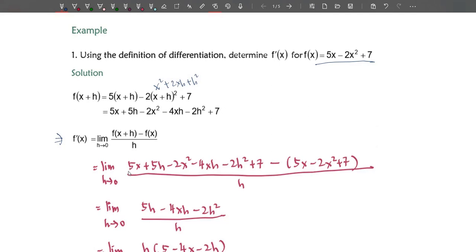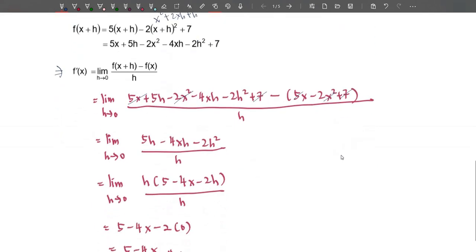And as you can see, 5x minus 5x, and it will be gone. And 5h, there is nothing that we can subtract in f(x). Minus 2x squared, minus 2x squared, okay, 0. Minus 4xh, minus 2h squared, plus 7 minus 7, it is equal to 0.